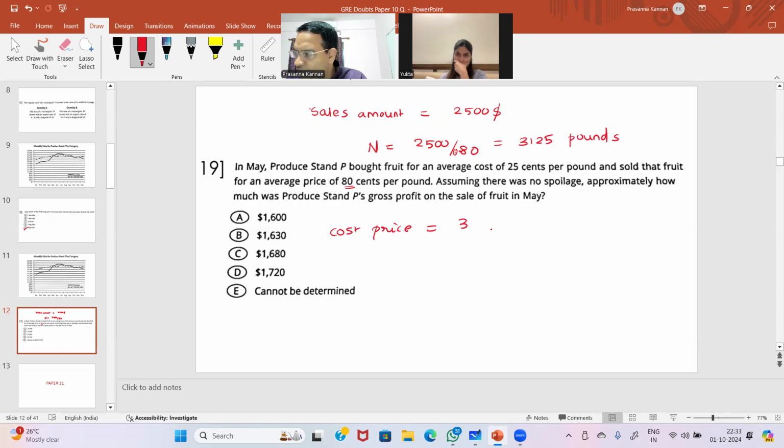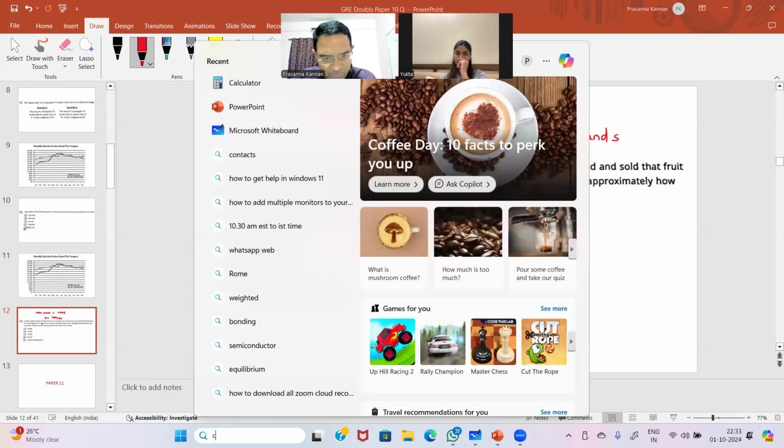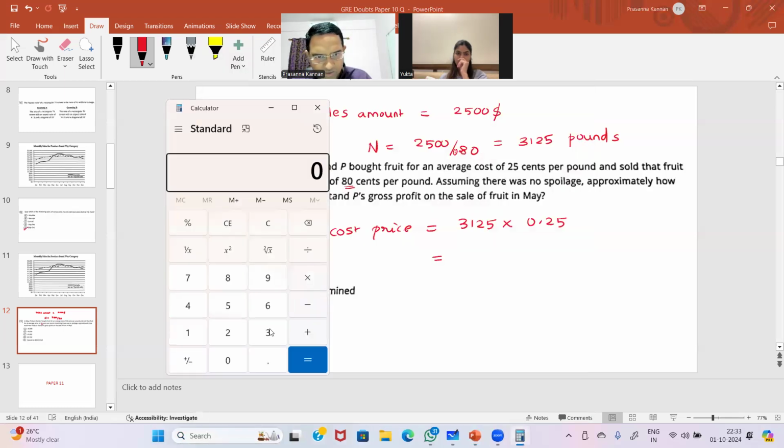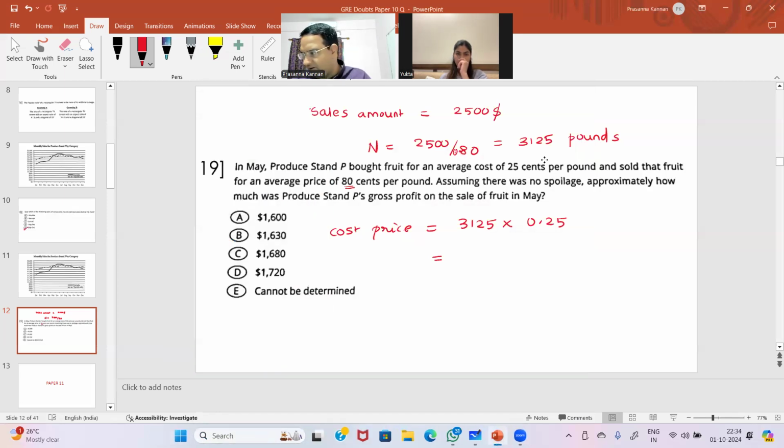So the 3,125 pounds of the fruits, he would have bought it only for 25 cents, correct? So 0.25. So what was his cost? That's 3,125 multiplied by 0.25, 781.25, right?